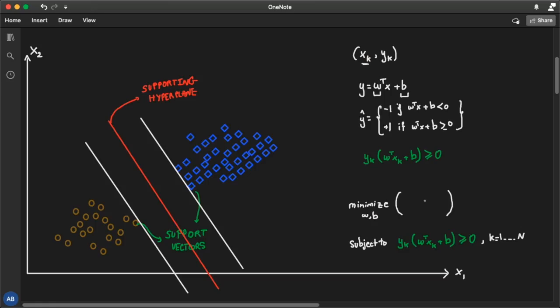Now what am I trying to minimize here? Of course I'm minimizing functions of w and/or b, right? So what is an appropriate decision or cost function that seems suitable over here? Well, let's take a look at the gradient for a bit. We said that the gradient w is the vector that defines the direction of the plane, right?